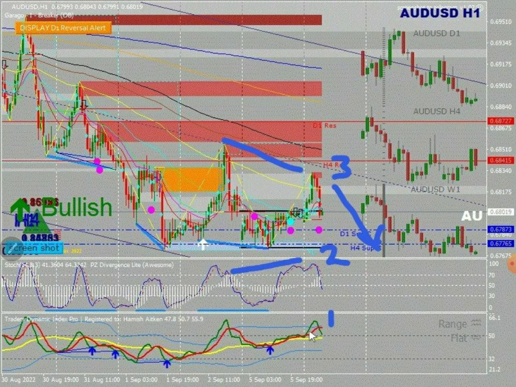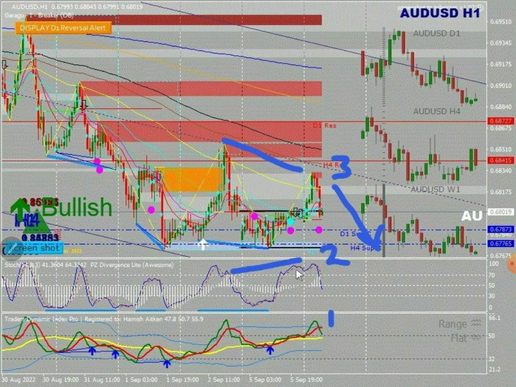Three things. Number one, TDI shark fin. This is TDI. As I explained in the other video, when RSI crosses from above, crosses the Bollinger Band, and the signal, that is shark fin. I need to see shark fin, is number one.